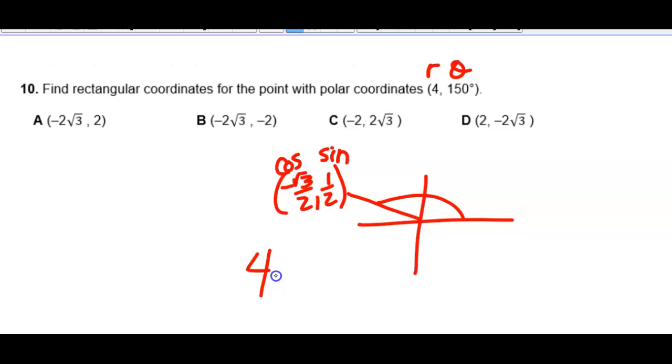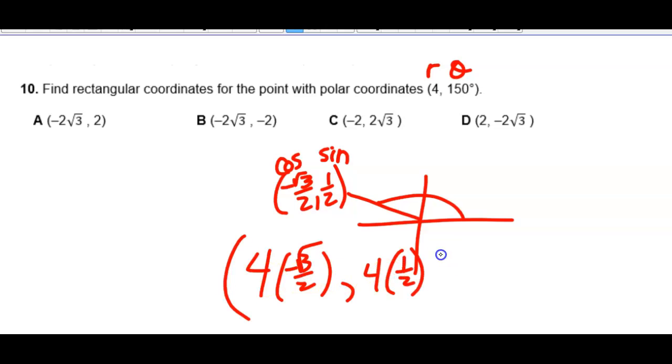So r times the cosine and r times the sine will give us the xy ordered pairs. So 4 is divisible by 2. We get negative 2 square roots of 3. And 4 times 1/2 is 2, which is choice A. Now I'm done.